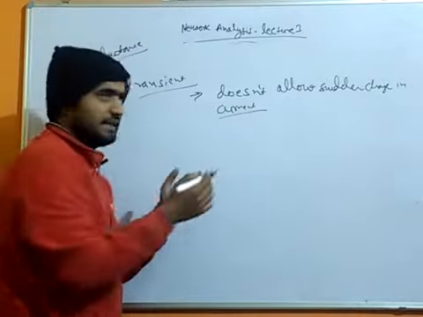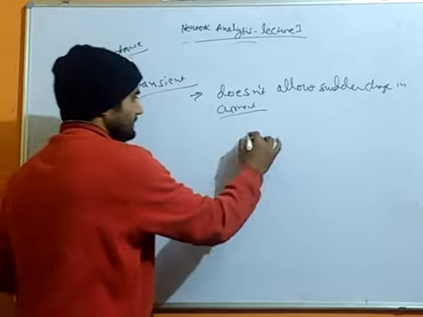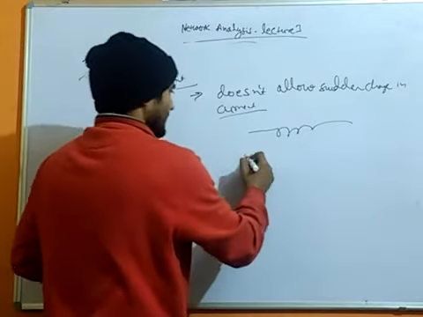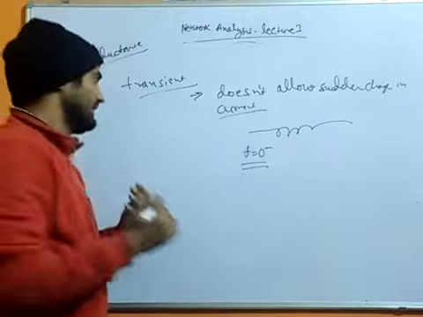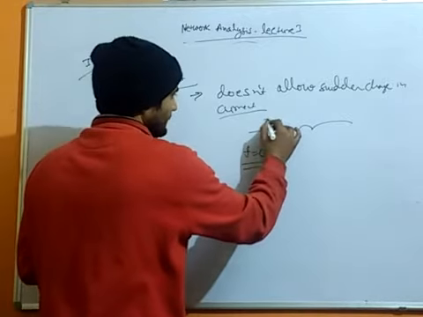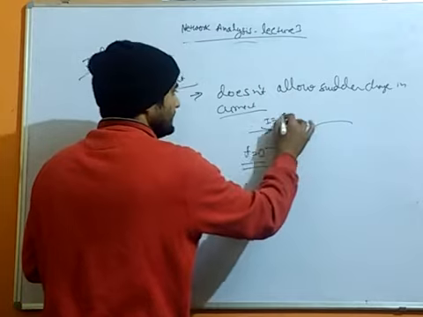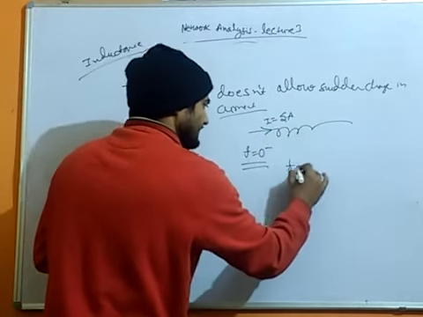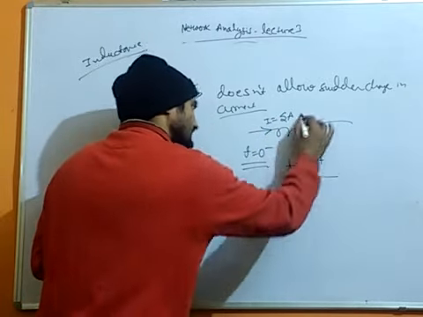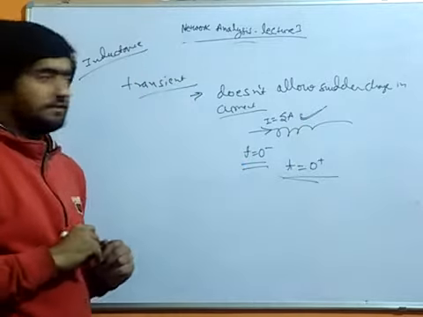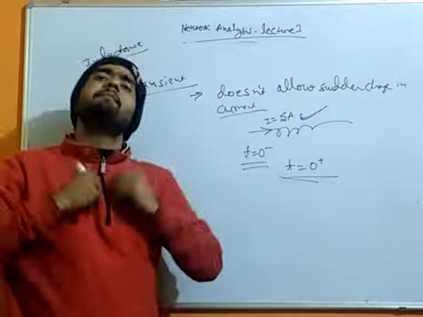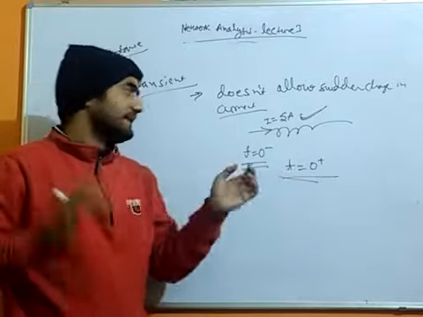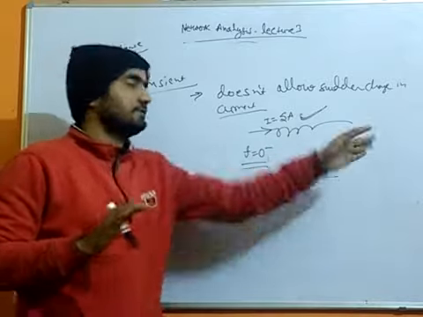Means there will be no change in current. If I am talking about t equals 0 minus or t equals 0 plus, like this, if I am talking about t equals 0 minus, means before 0 second, if the current flowing through it is 5 ampere, then at t equals 0 plus, again that will be the same current, means i equals 5 ampere, unless any impulse function, means the infinite function signal, is flowing through it.